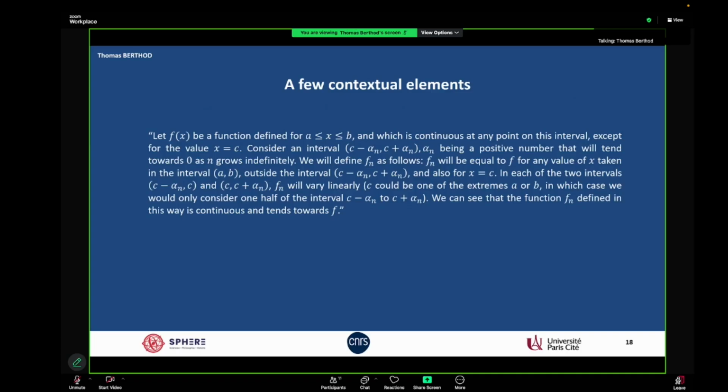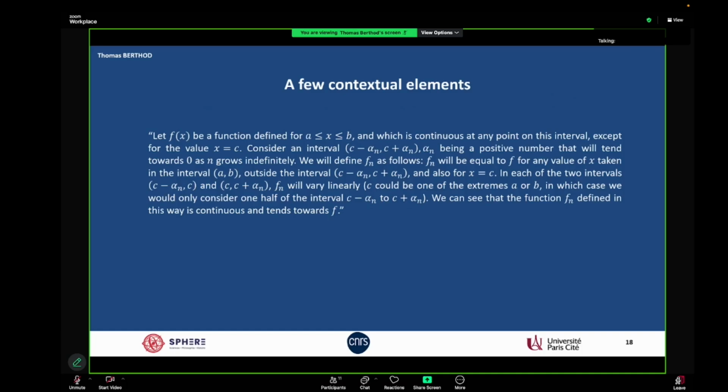You could not find a distance between each discontinuous point that will allow you to do this construction. So you have really a problem, and it's the challenge Baire had to solve in this case.